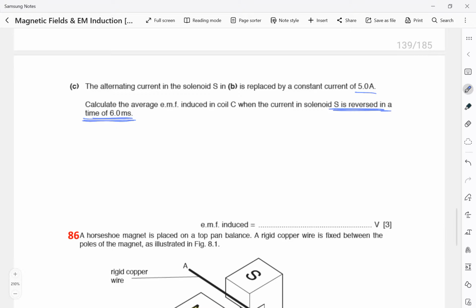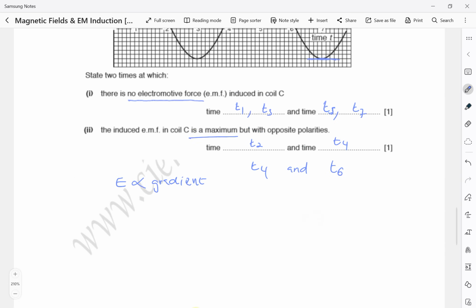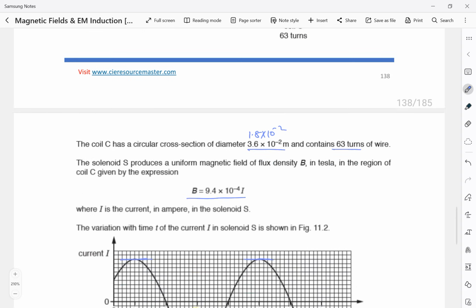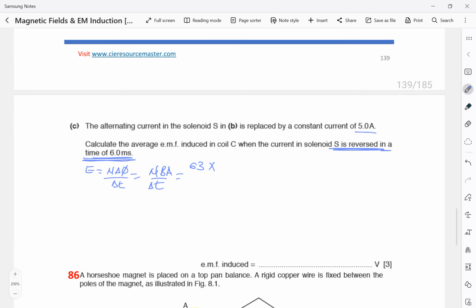And remember, the e.m.f is directly proportional to the rate of change of magnetic flux linkage. So the e.m.f is equal to N times change in flux divided by time, which is the same as NBA divided by delta T. The number of turns in the coil, I think it was 63. It is 63. So that is 63 times the magnetic flux density.